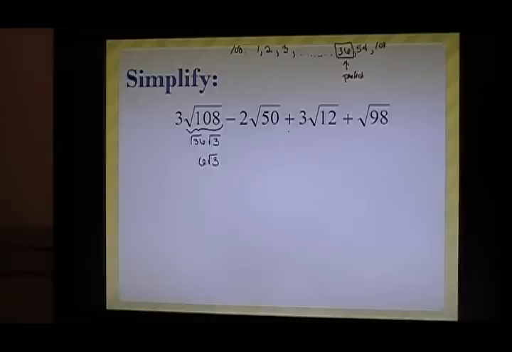So for 50, I can look at 50 and say, oh, that's divisible by 25, and I know 25 is a perfect square. What if you don't?